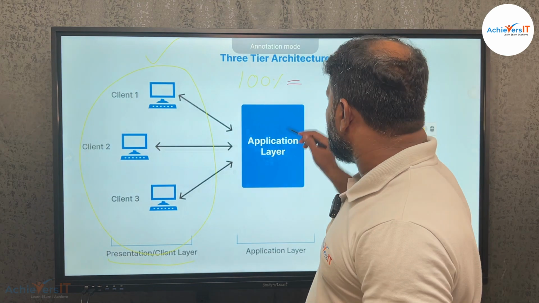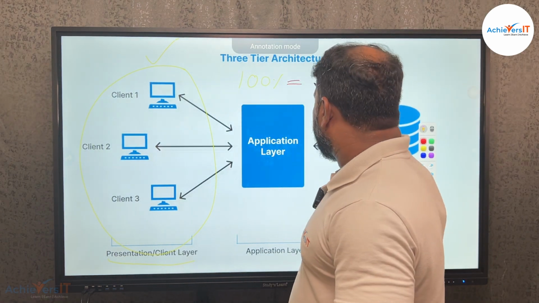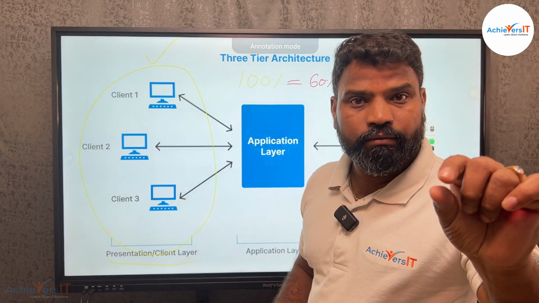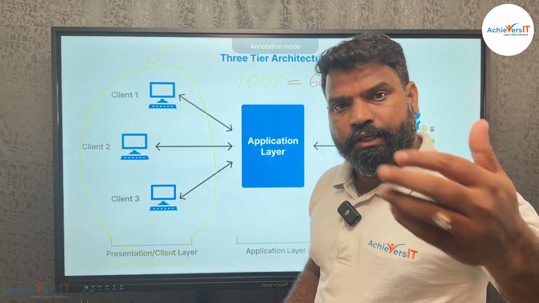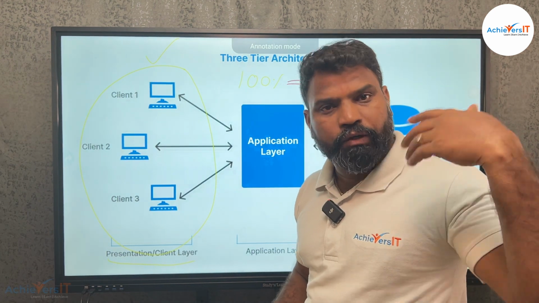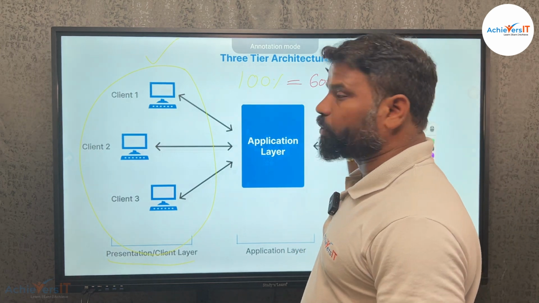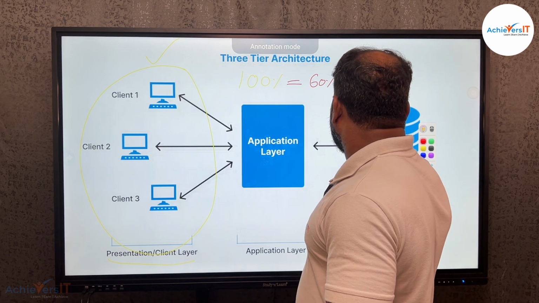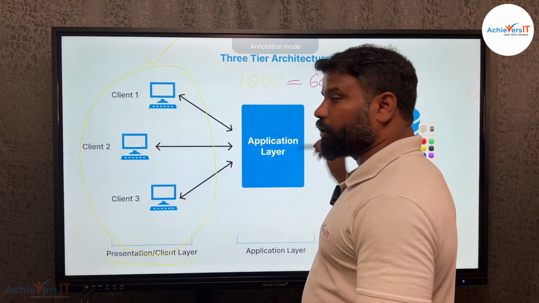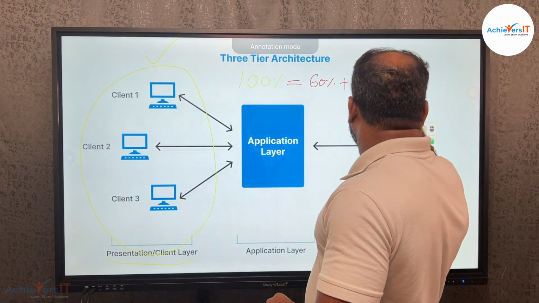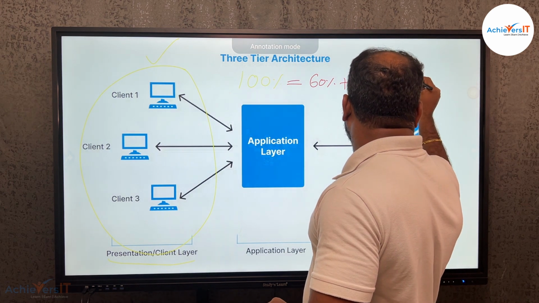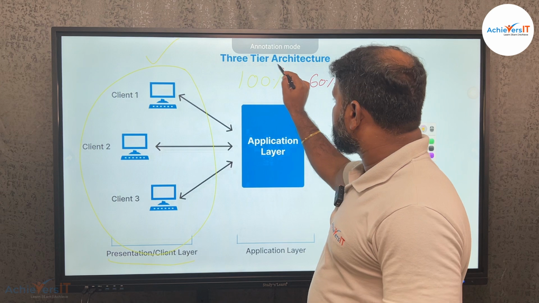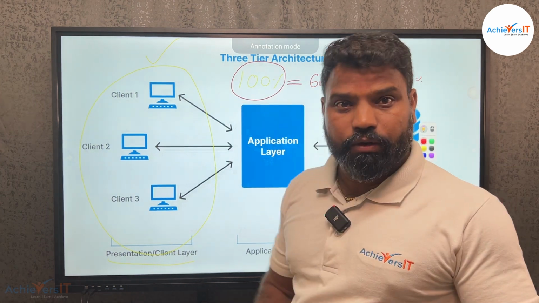In such cases, in 100% of code, I can say 60% of the code we are writing in front end, either HTML, CSS, JavaScript, React, Angular, Vue.js, whatever it is, plus we are writing 20 or 25% of code in back end, plus the remaining 15% of the code, approximately, and that is where 100% comes into the picture.